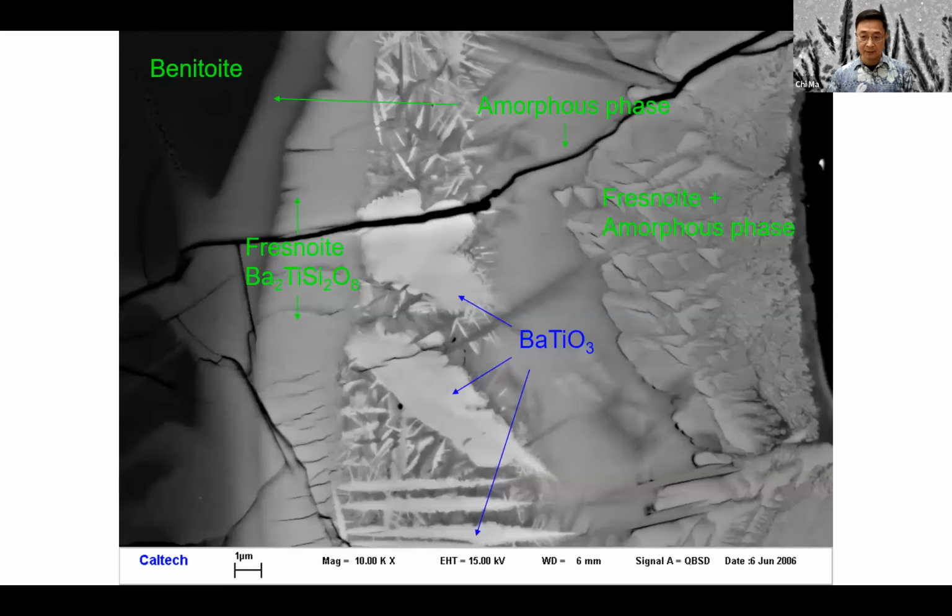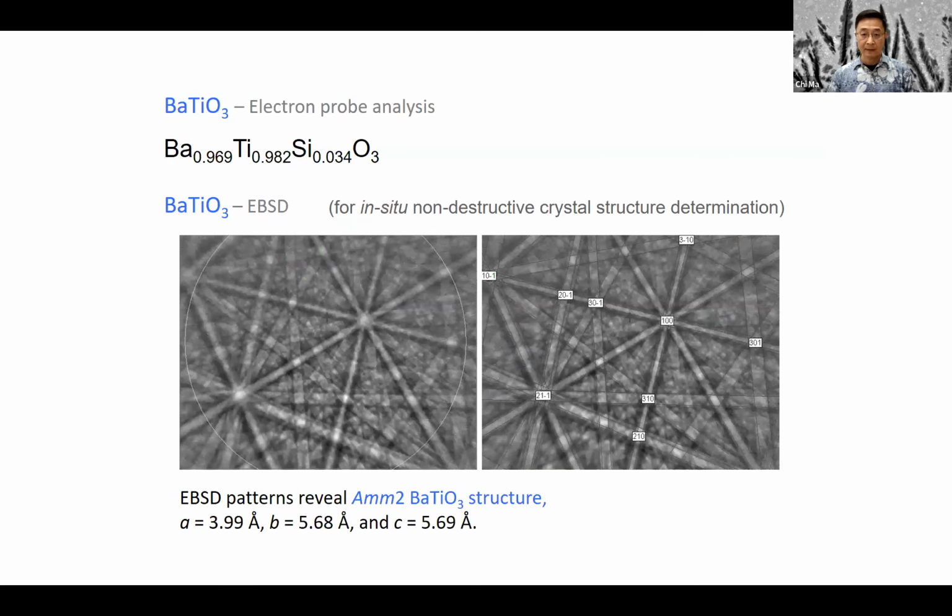Now zoom in. This brighter phase is the perovskite, along with bridgmanite here. It has this composition with minor silicon on the titanium site. The perovskite here occurs at micron to nano size, too small for conventional X-ray diffraction analysis.